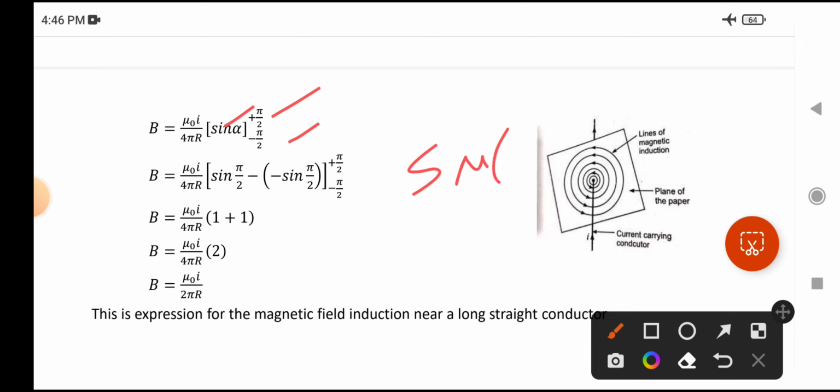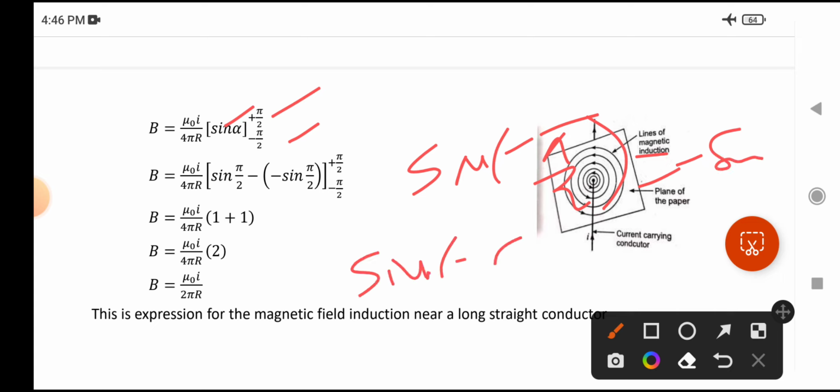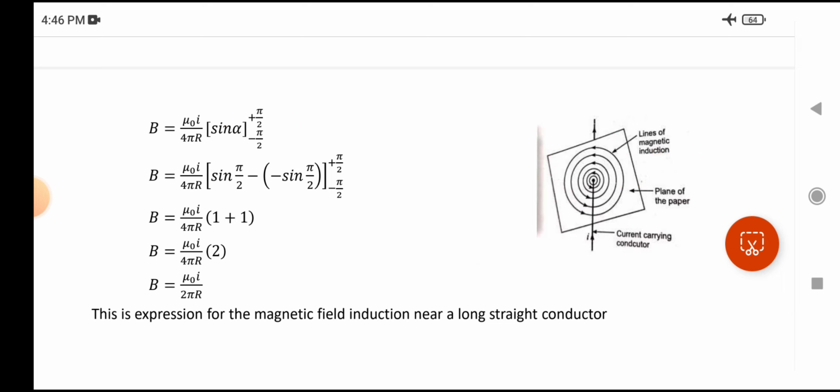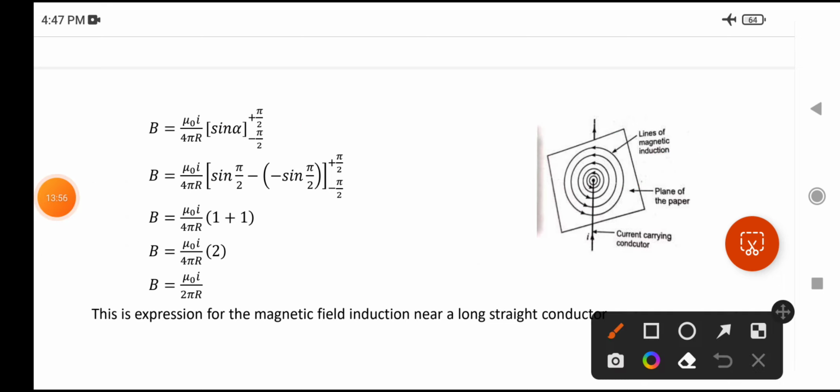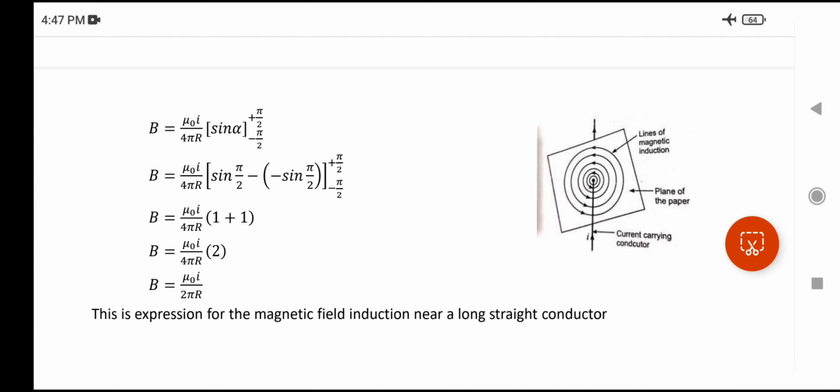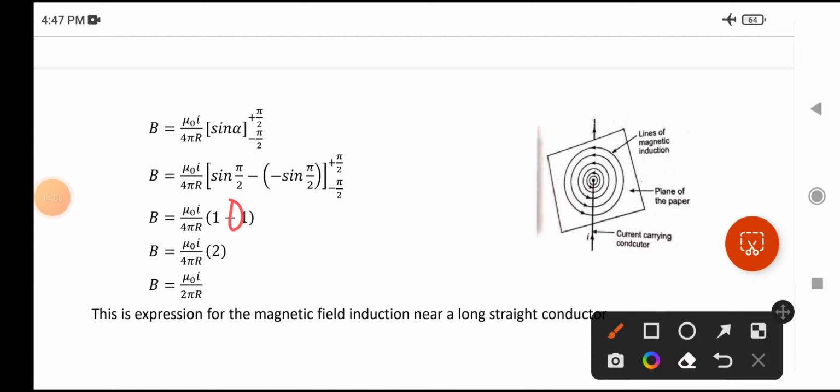But sin of minus pi by 2 is minus sin pi by 2. That means sin of minus theta is minus sin theta. Okay, so here the positive term we can substitute. After doing minus, sin of minus pi by 2 is minus sin theta. Now minus minus becomes plus, and sin 90 is 1. 1 plus 1 is 2, and 2 twos are 4.